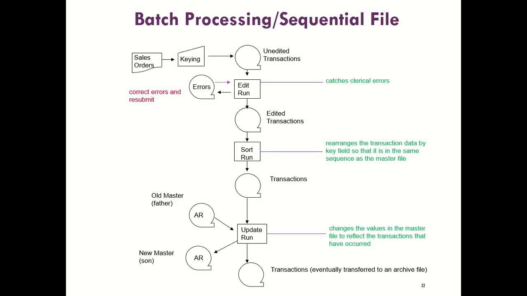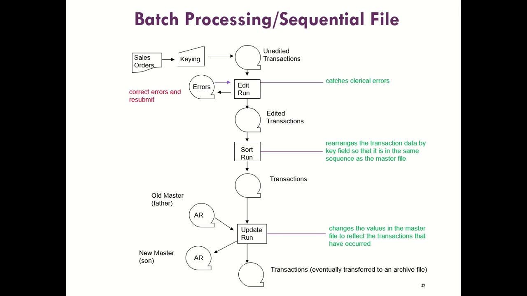This is what we had earlier, the steps using a sequential file. Let's say, for example, you have the sales order that you keyed in, the unedited transactions. We edit run these to catch clerical errors in keying the input records.